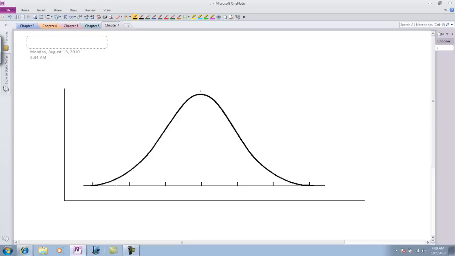So, for example, when you guess your grade, you might say, I think I have a C plus, or I think I have a B, and you say maybe plus or minus 5 points.